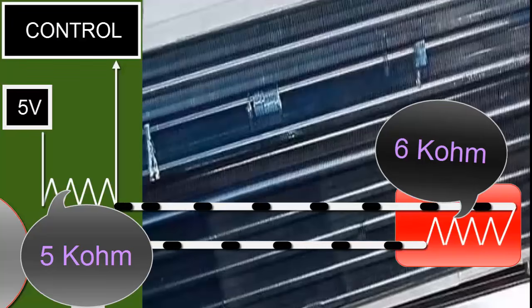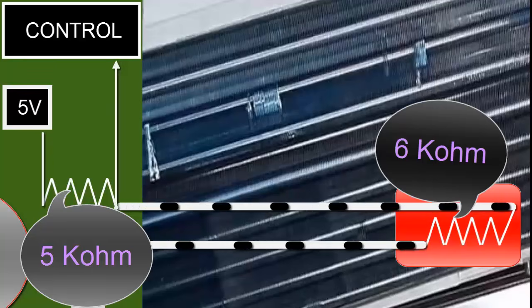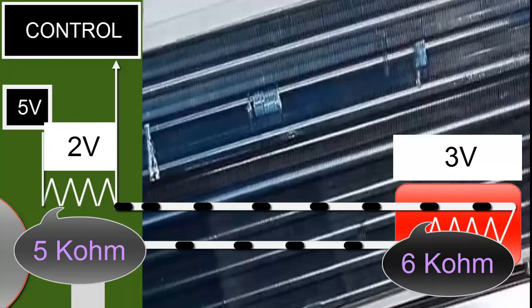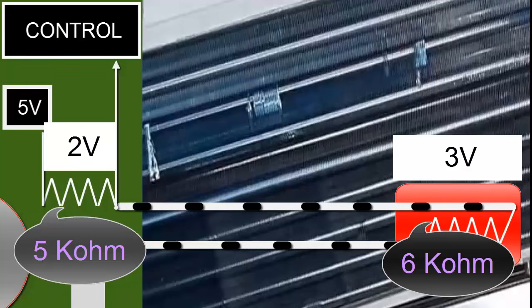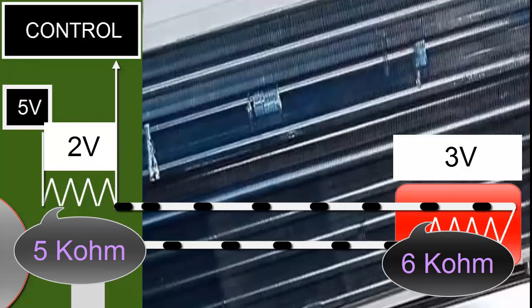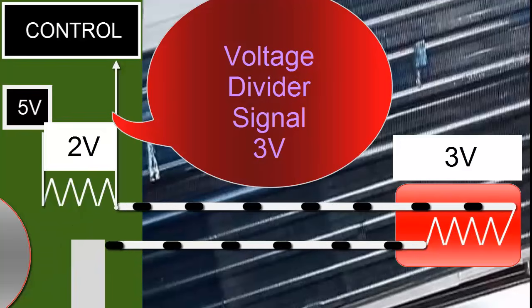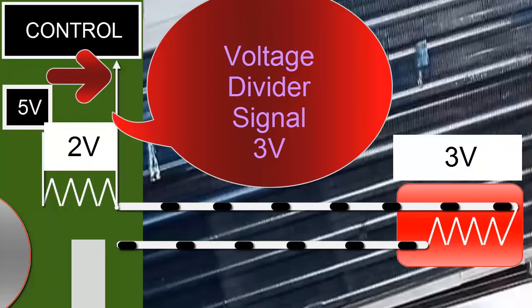With a 20% increase in sensor resistance, from 5 to 6 kiloohms, the voltage required for the current also increases by 20%, going from 2.5 to 3 volts. Since the electronic card supplies only 5 volts, now only 2 volts remain for the resistance within the electronic control. 7. The 3-volt signal is captured in the voltage divider and transmitted to the controller through this path.